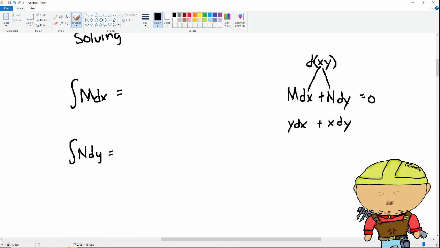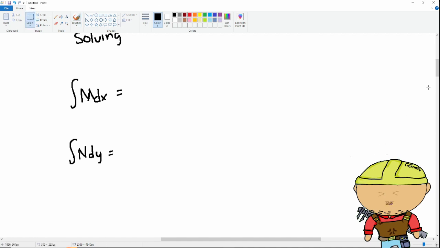So basically, they're two parts of the product rule. We integrate the left and right side both in order to see what the general solution will be. If we integrate M once and N once, we can analyze what the general solution is.